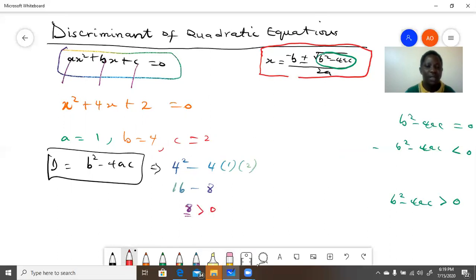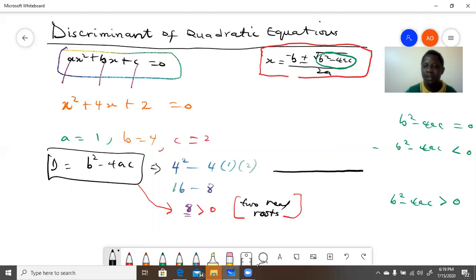And when our discriminant is greater than 0, it means we are going to have two real roots. And how will the graph look? This is our x-axis.